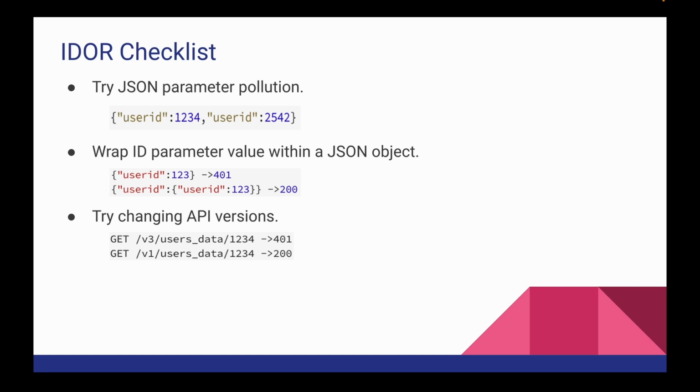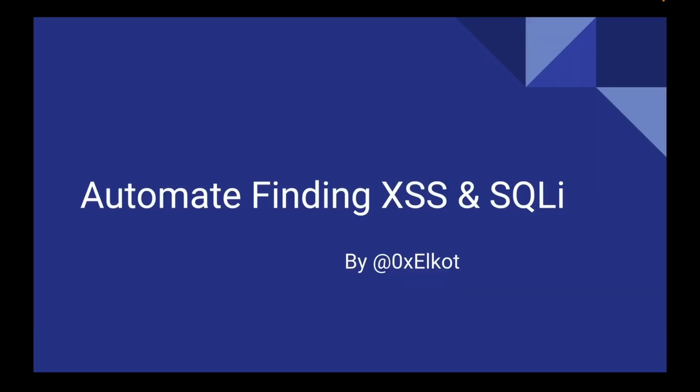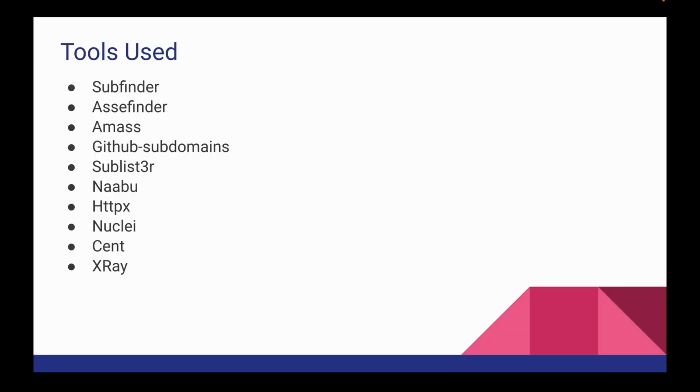So let's discuss the next topic, which is automating XSS and SQL injections using a few tools. These are the list of tools that we are going to use to automate finding XSS and SQL injections. I believe most people are already aware of some of the tools over here.